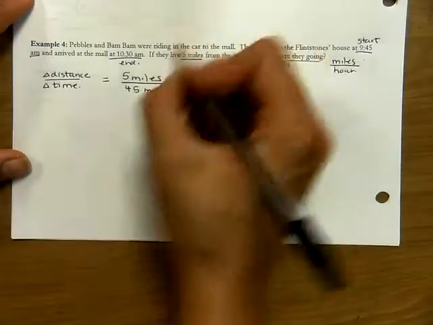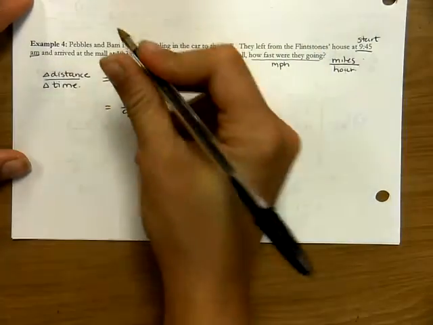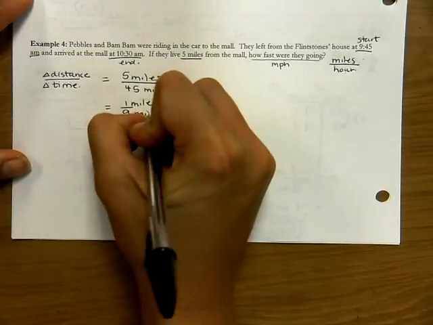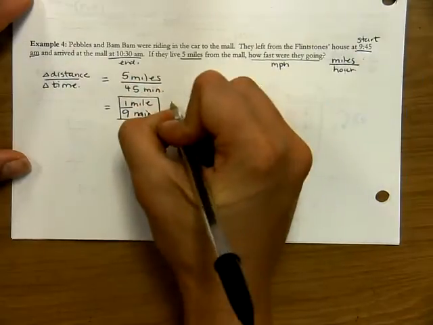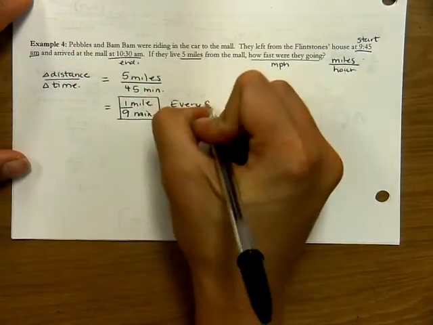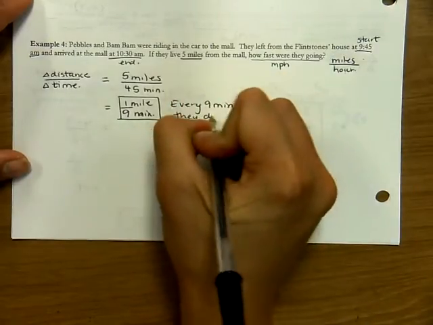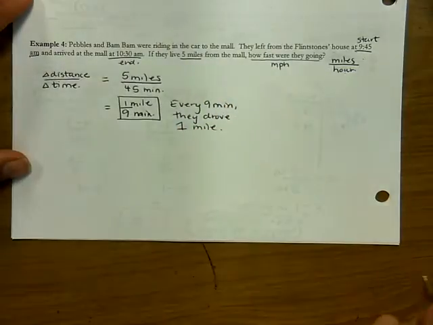If you simplified that fraction, that would be 1/9. So 1 mile per 9 minutes. And how we would interpret that, that could be one answer. That every 9 minutes, they drove 1 mile.